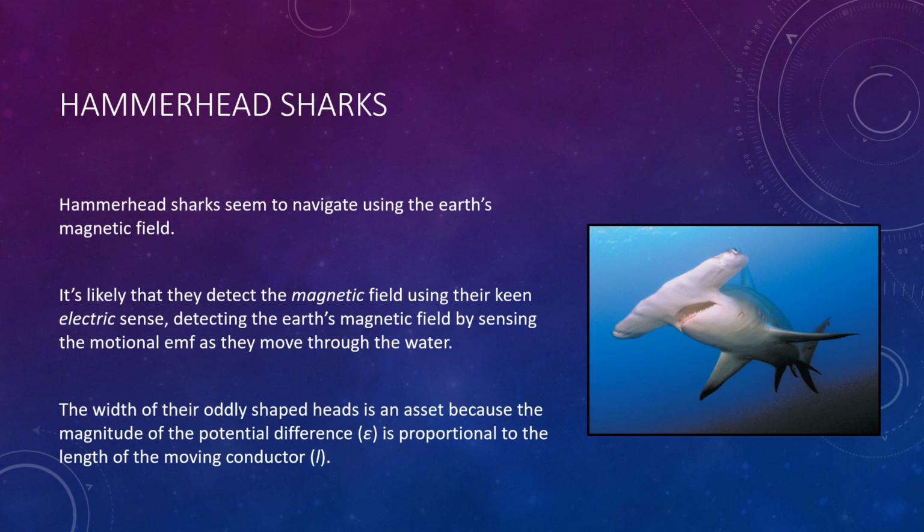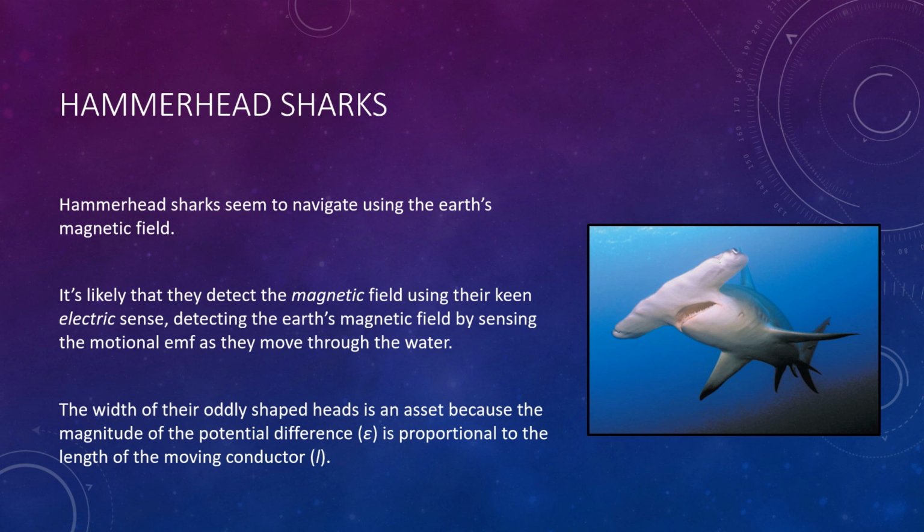The width of their oddly shaped head is an asset because they can use that to have a difference in potential between the two ends that is proportional to its length. So technically, the longer their head is, the more efficiently they would be able to detect a magnetic field. Just a cool result and a nice break from the details of physics.